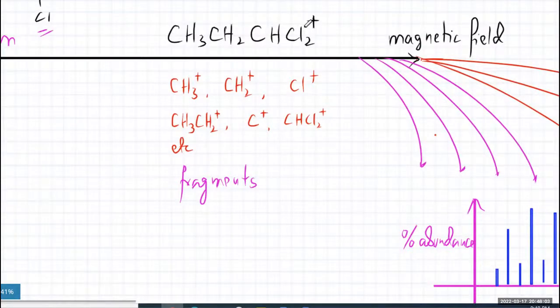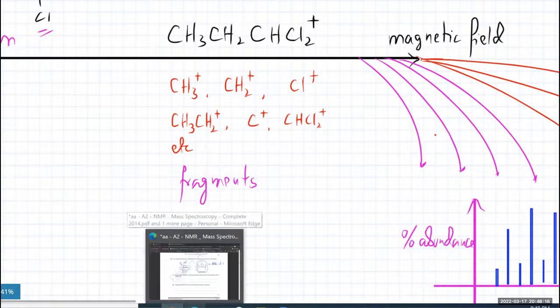And it will turn into an ion, or it would break into small pieces, right? So small pieces will be detected, right? These small pieces are part of the bigger molecule, right? Yes, sir.